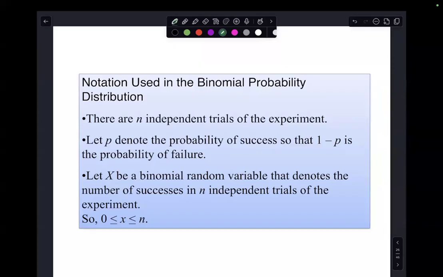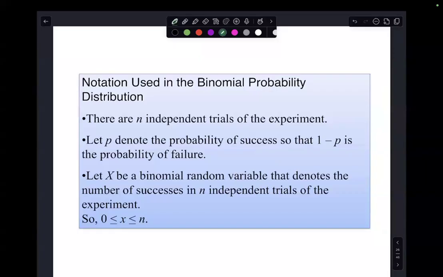A lowercase n is the number of trials, and we're always going to use a lowercase n for how many trials we have. How many times did we repeat the experiment? So a lowercase p is the probability of success. So 1 minus p is the probability of failure. So p is probability of success, 1 minus p, or the complement of p, is our probability of failure.